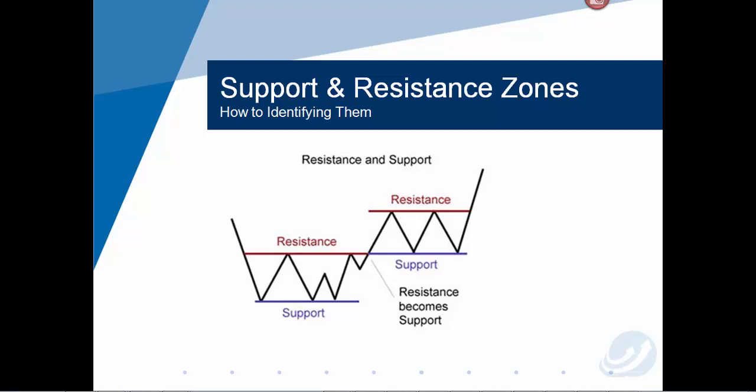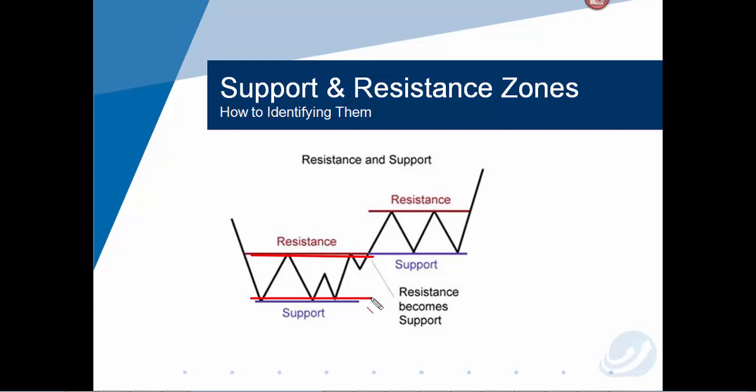So, when we look at support and resistance, what we're looking at really is a ceiling and a floor. Take for example, you're in an apartment building, and you have your ceiling above you, and you have a few floors above, and you have floors below you. Now, your ceiling is your resistance level.